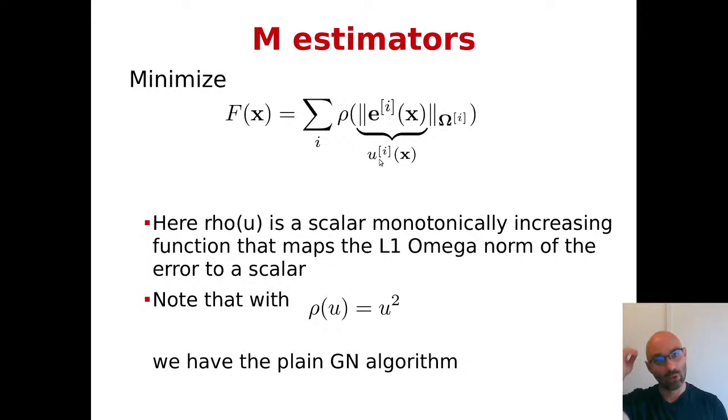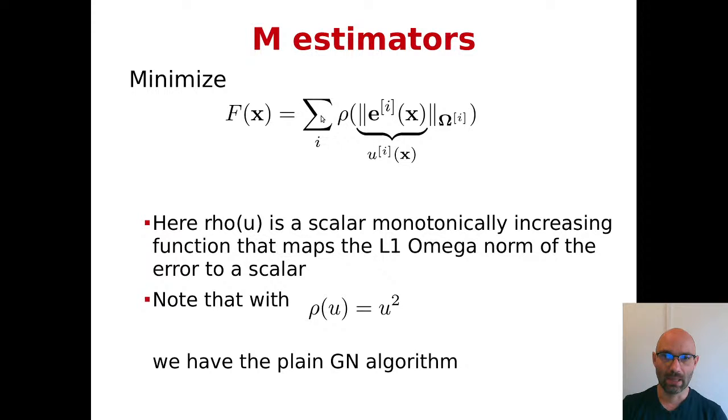Okay? Now, instead of minimizing just the sum of these objects, we smooth every error by an object that we call a robustifier, which is a function that has to be monotonically increasing of the L1 norm.